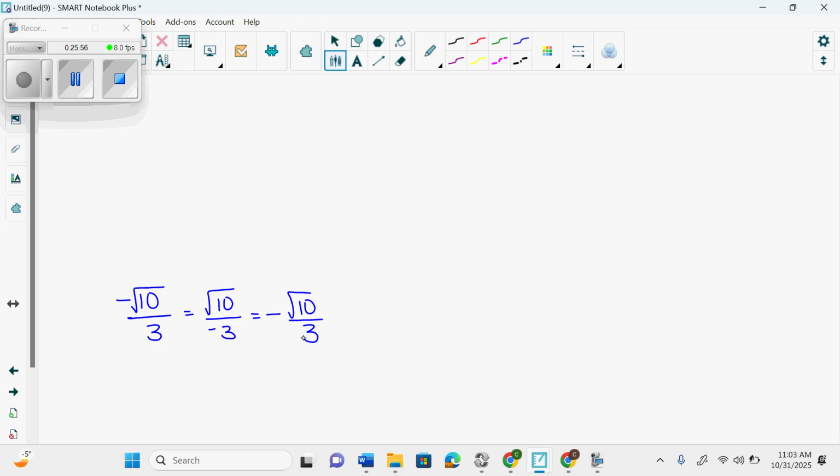And a negative in the numerator or a negative in the denominator makes a negative answer. True? The same negative decimal you would get. This one, if I take root 10 divided by root 3, I would get the same decimal, yes? And then I'm timesing it by negative 1. So I would get a negative decimal, right? So are they all the same? Yes. Just mathematically they're the same.